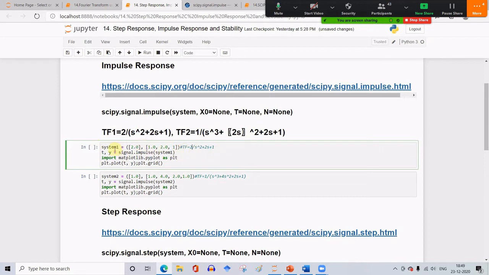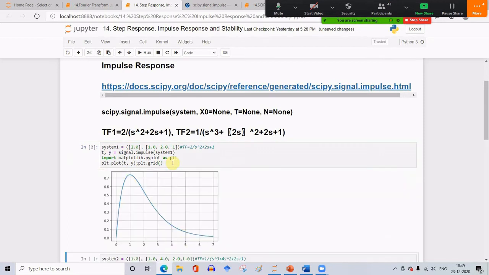Now I'll give the impulse response function signal.impulse for system 1. It will output time and response, which I am going to plot using matplotlib. So this is the impulse response of this second order system.